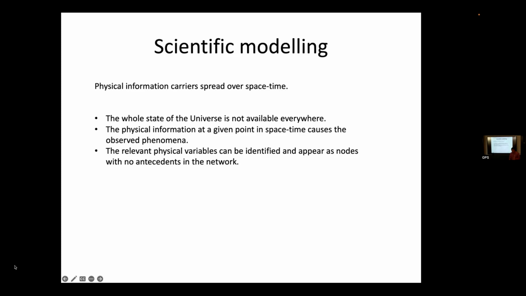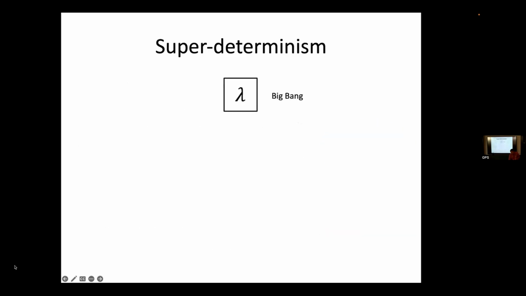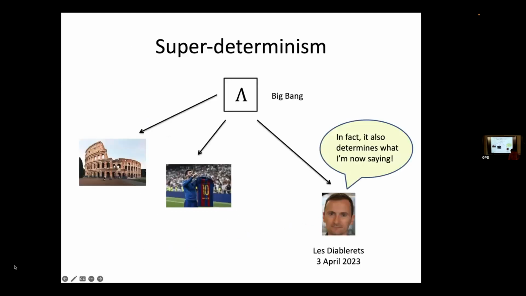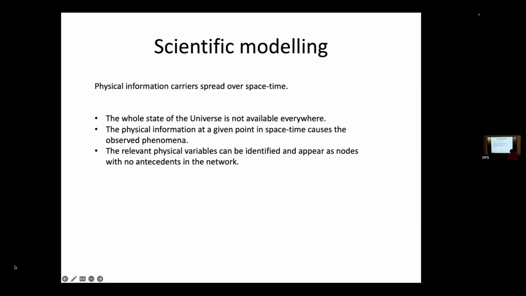This is my understanding of why you can put these variables with no antecedents. These are the relevant variables that tell you how things are going to propagate at a given moment here. They may have antecedents, but I don't need them to explain the causality for the observed variables.